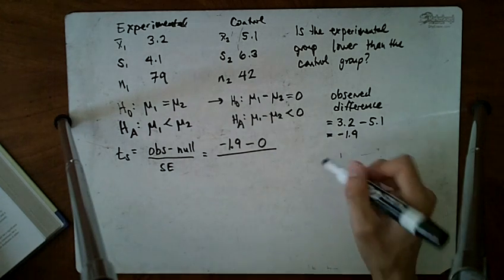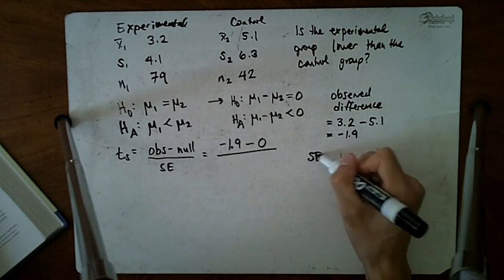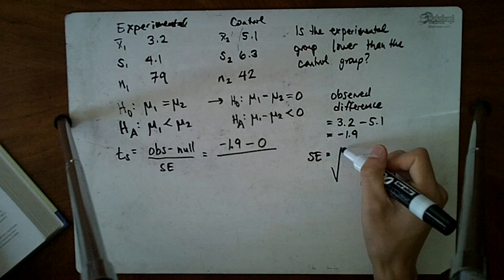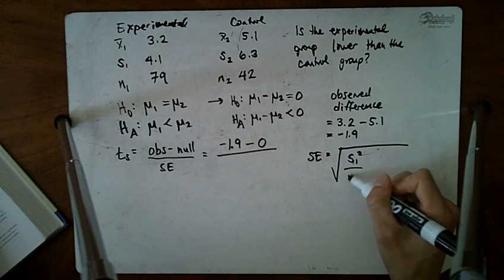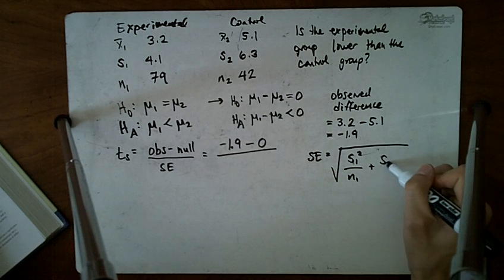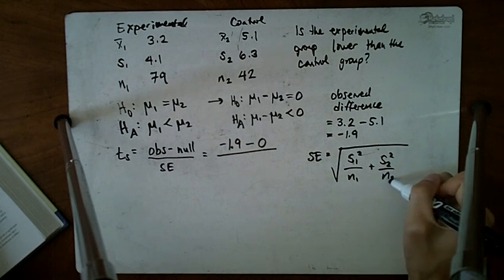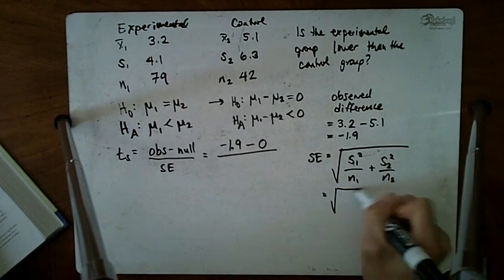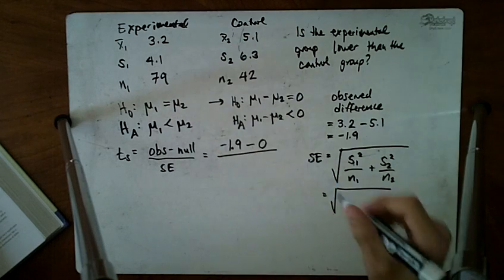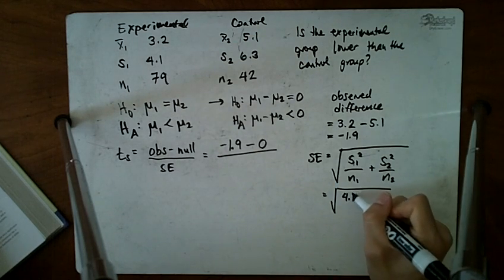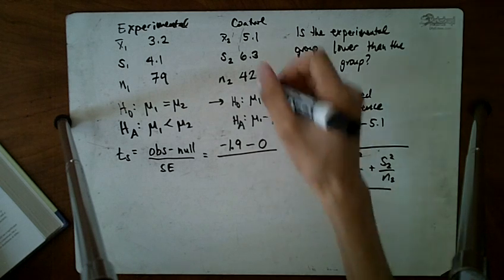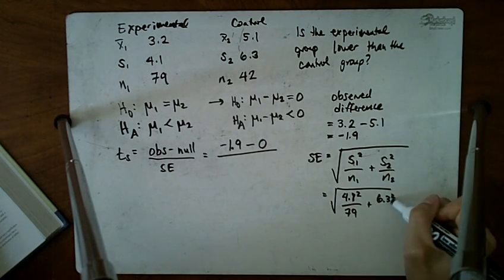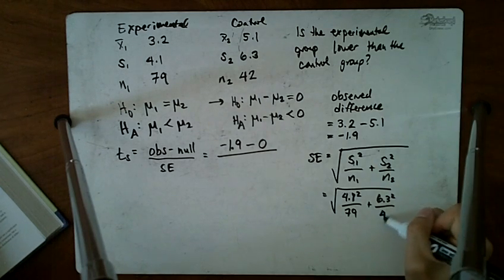On the bottom, I put the standard error. So the standard error is just kind of this ugly formula that we can't do a whole lot about: the square root of s1 squared over n1 plus s2 squared over n2. So this is the square root of 4.1 squared over n1, which is 79, plus 6.3 squared over n2, which is 42.